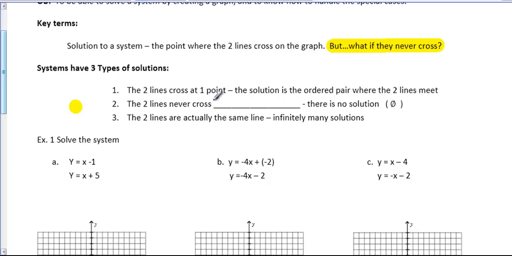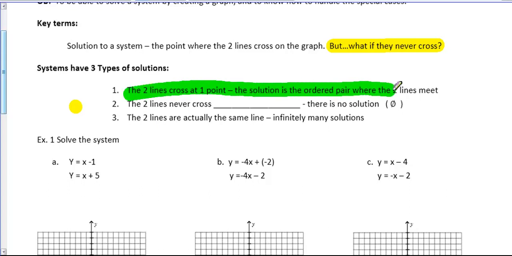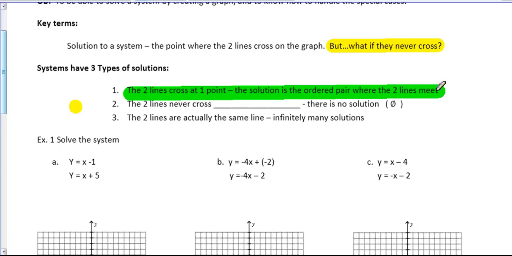So, looking at the three types of solutions that you could possibly have. The first one is the thing that we've been looking at over the last few days, and that is when you have two lines that meet at one point, the solution is that ordered pair where they meet. However, it's possible that the two lines never cross. There is going to be no solution.